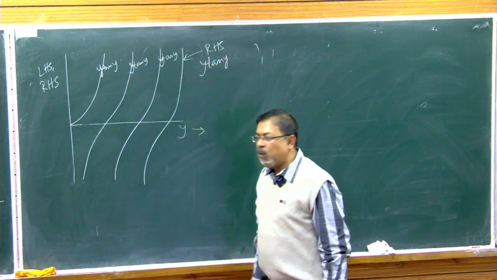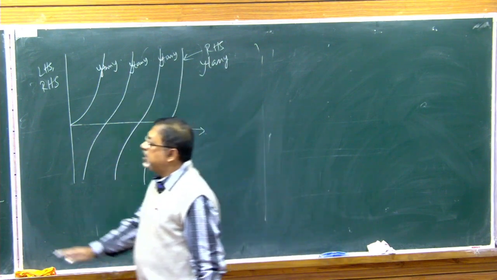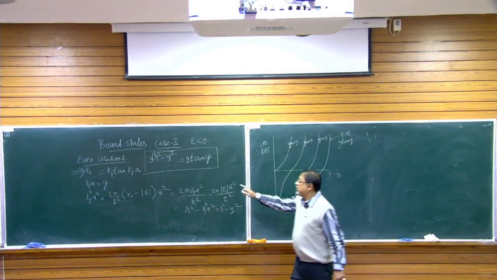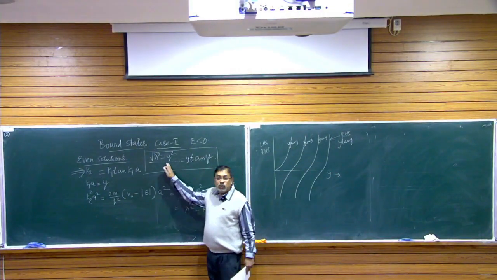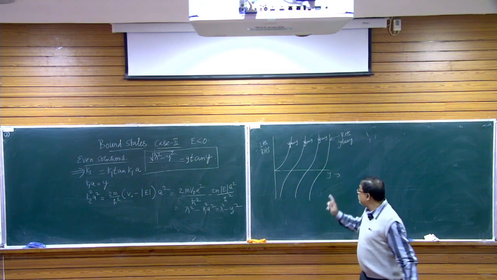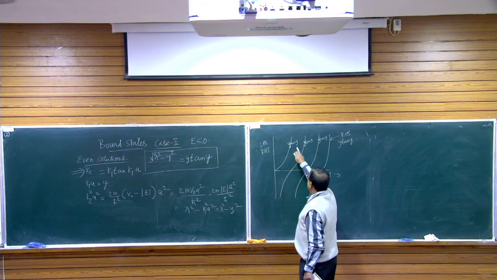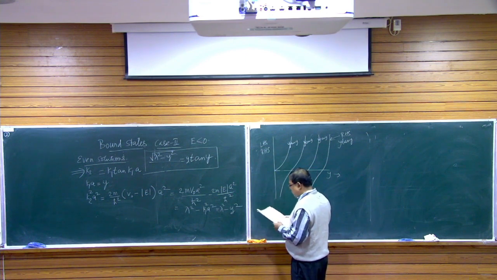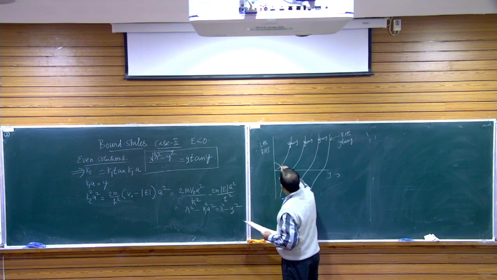So these are all y tan y's, and the left hand side, which is root over lambda square minus y square for some value of V naught, and those values of your energy, you plot them and they look like this.